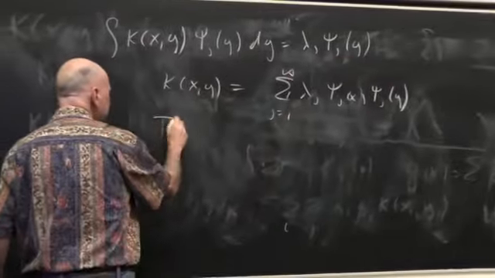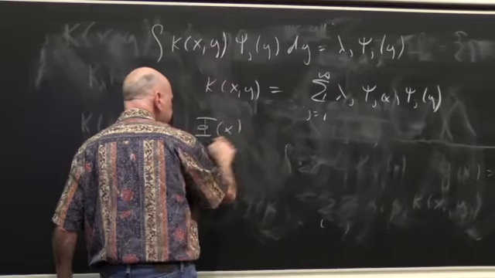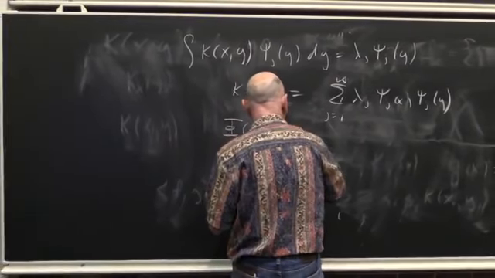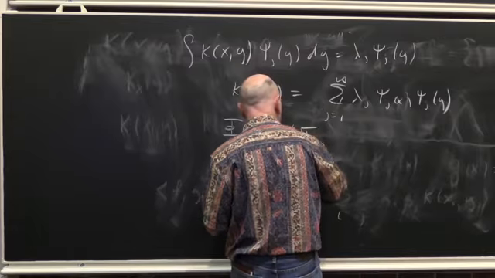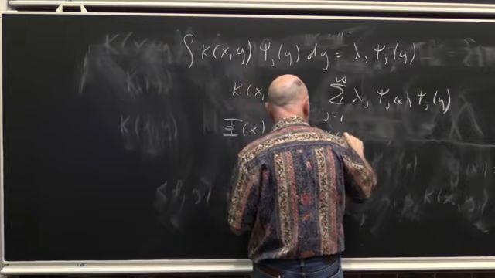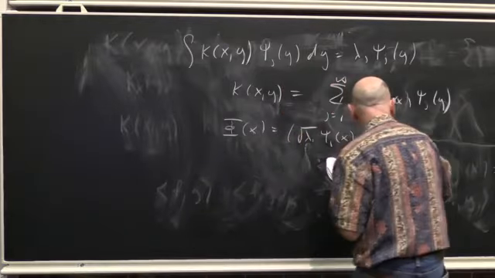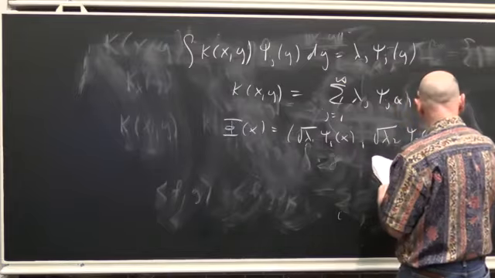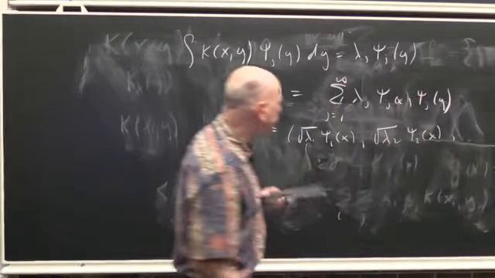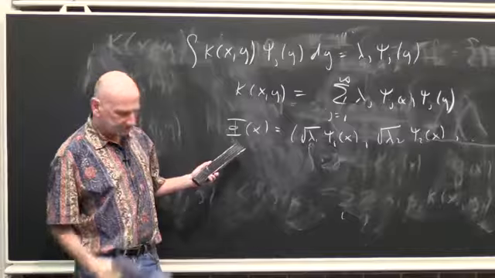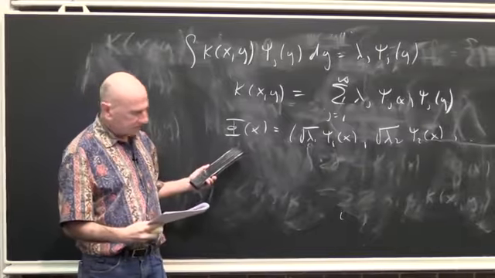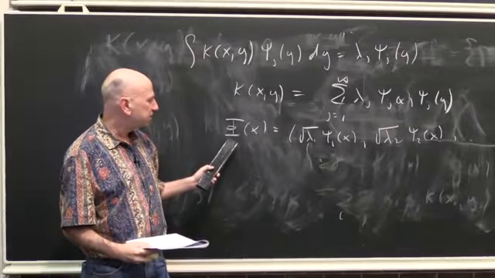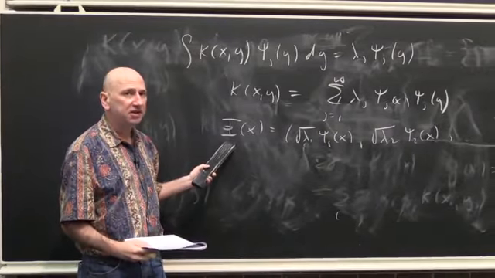They just mean, given an x, the feature map is simply defined to be these terms here in this expansion. It's kind of an interesting thing because now you can see that the inner product between two functions is really just the inner product of these feature representations.